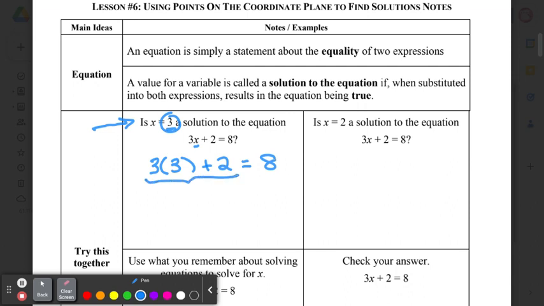So now I'm going to evaluate that left side. You can do it in your head. You can type that in the calculator. It doesn't matter. 3 times 3 plus 2 is 11. 11 does not equal 8. That is a false statement. So since that's false, x equals 3 is not a solution.